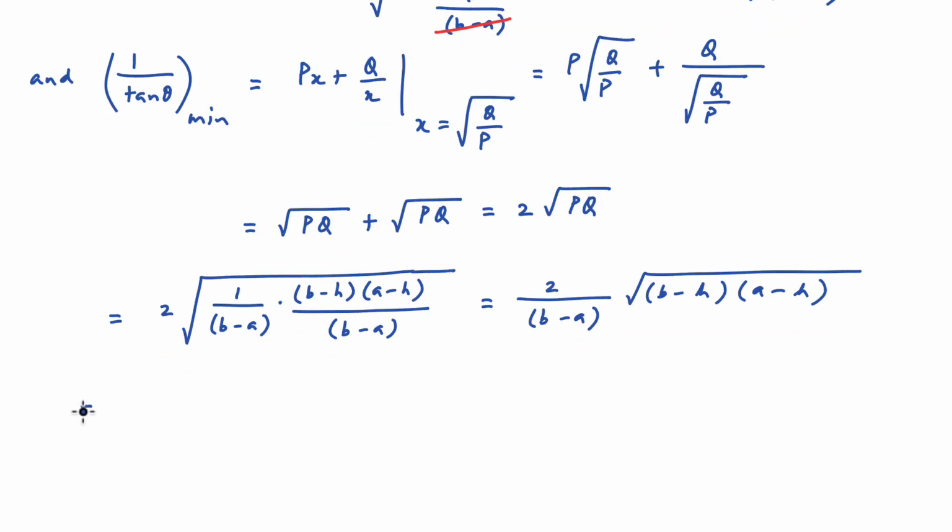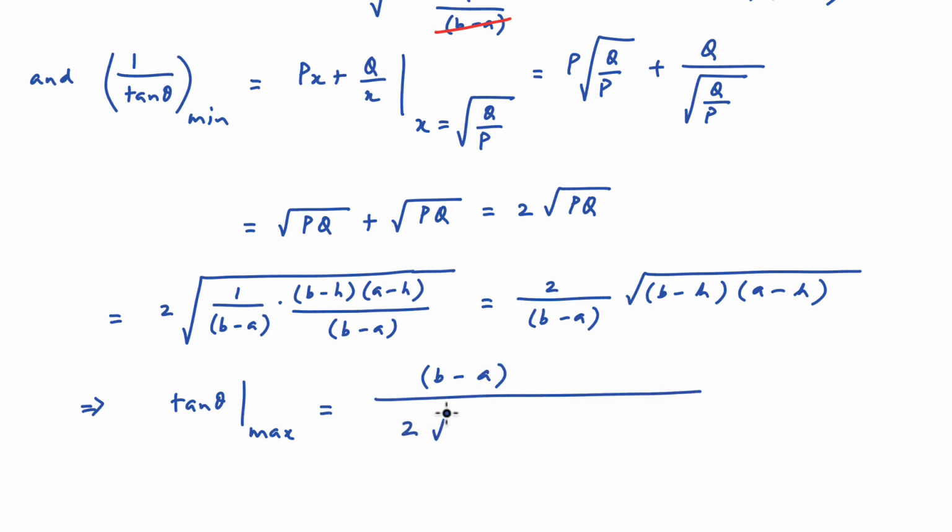So, tan theta achieves its maximum value equal to (b minus a) divided by 2 times the square root of (b minus h) times (a minus h).